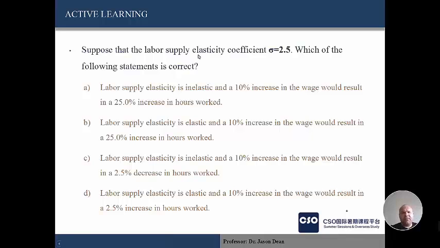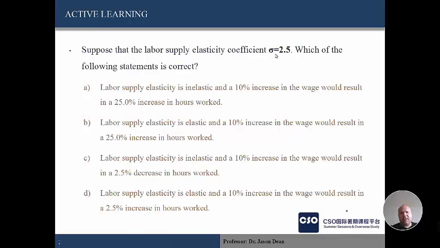Okay, so if the labor supply elasticity coefficient is 2.5, then if there's a 10% increase in the wage, that means that hours worked will increase by 2.5 times that amount. So we know that it must increase hours worked by 25%.